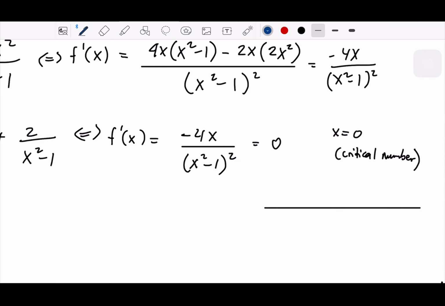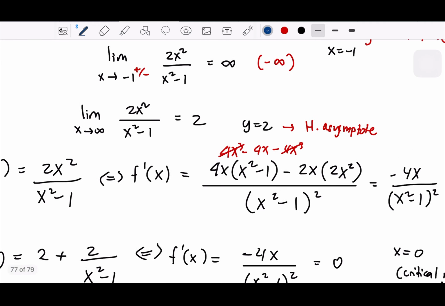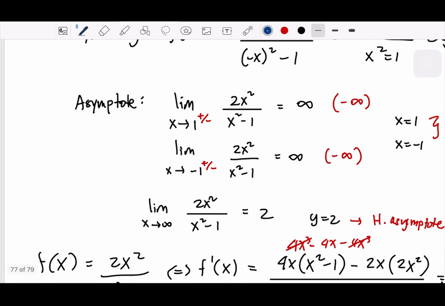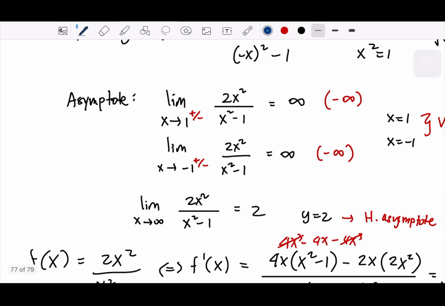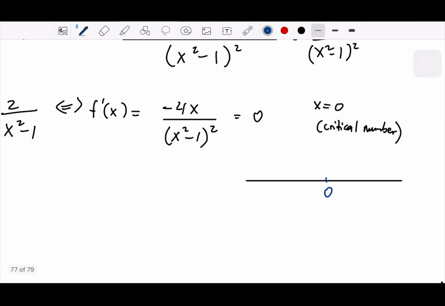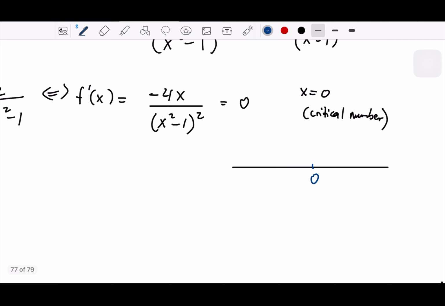We take the number line with 0. But don't forget that we also have vertical asymptotes, as mentioned here, at 1 and negative 1. When x equals 1 or negative 1, the denominator is 0, which means it will be undefined.